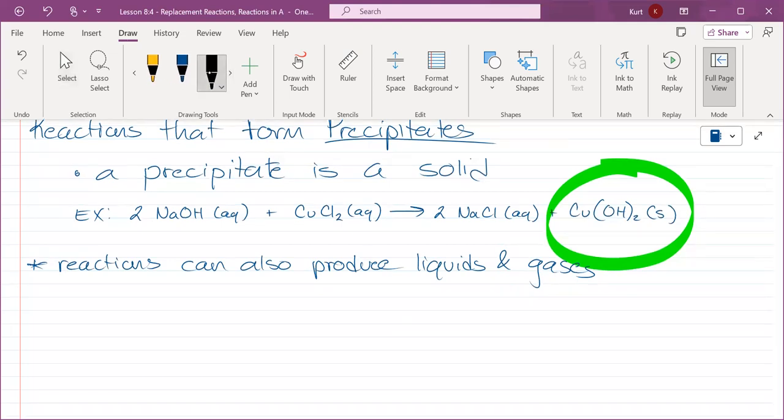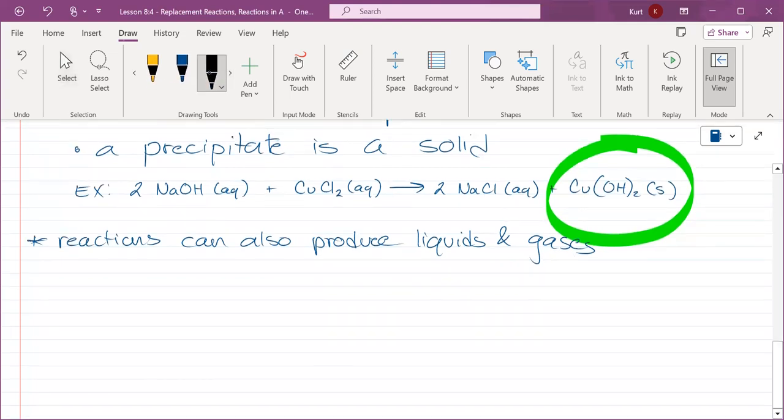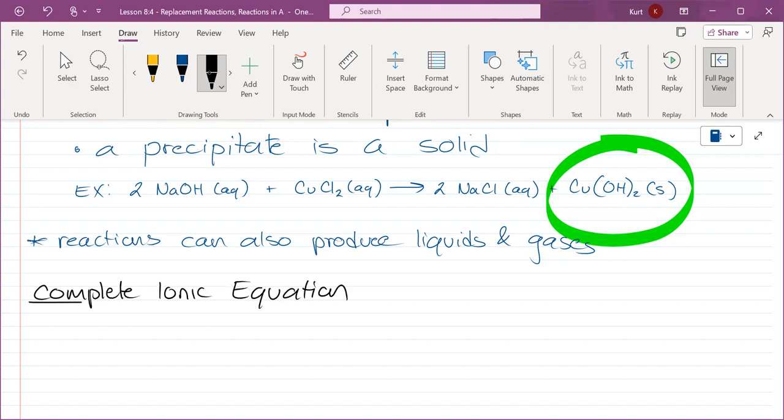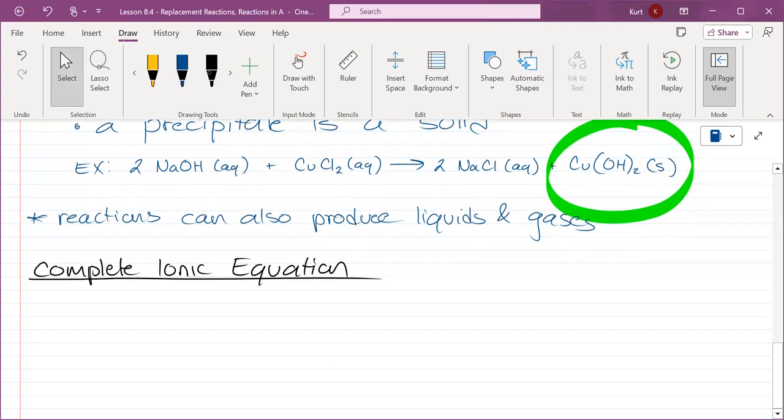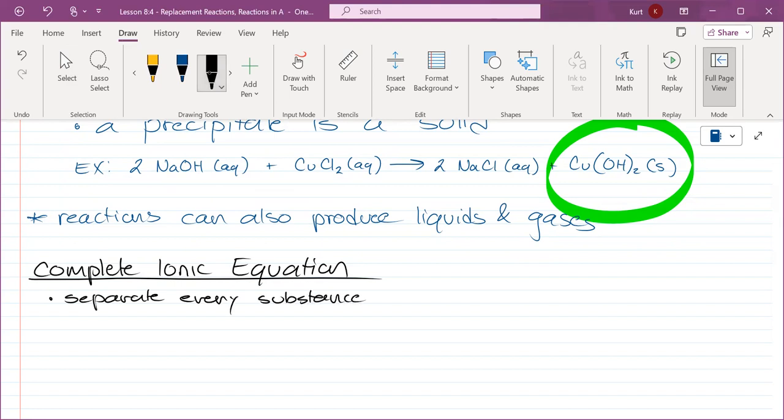Now we're getting to the last topic: a complete ionic equation. You are to separate every substance in an equation into its ions.